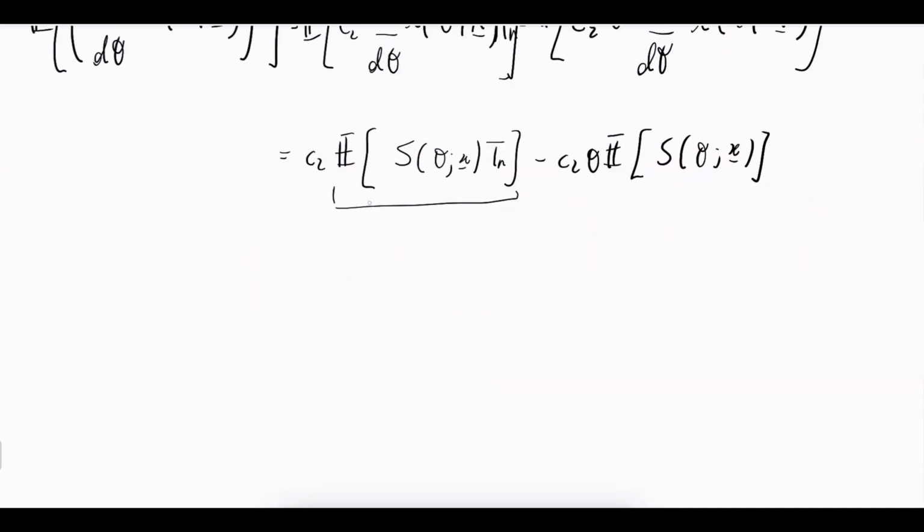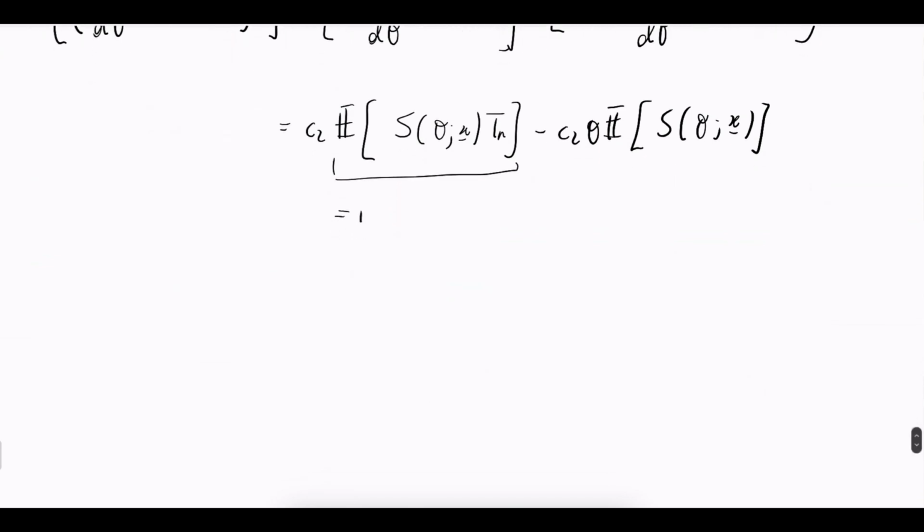So this expectation is actually equal to 1, and that is because we can write this as the integral of Tn of x, the derivative. So the square function, we keep on writing it this way, right?